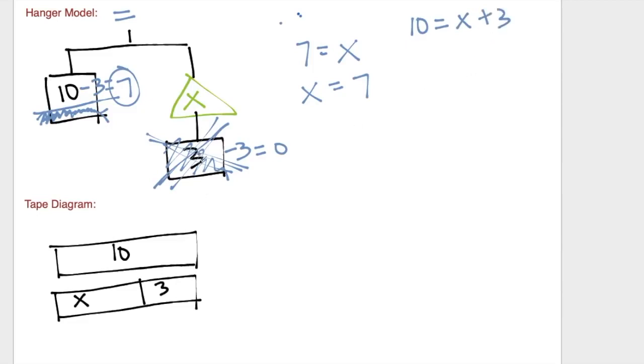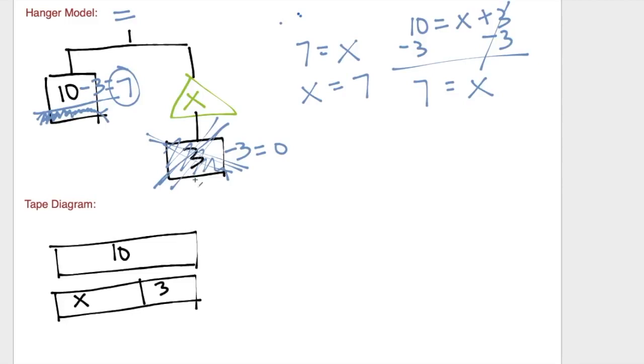This is x plus 3 because you're adding an extra weight to this side. And just like the scale model, we are subtracting 3 on both sides, getting rid of that smaller number, that weight that's attached to the x, so that x can be by itself, so x equals 7. And notice how I crossed it out because it's gone, just like over here. So that's the hanger model, very similar to the scale model.